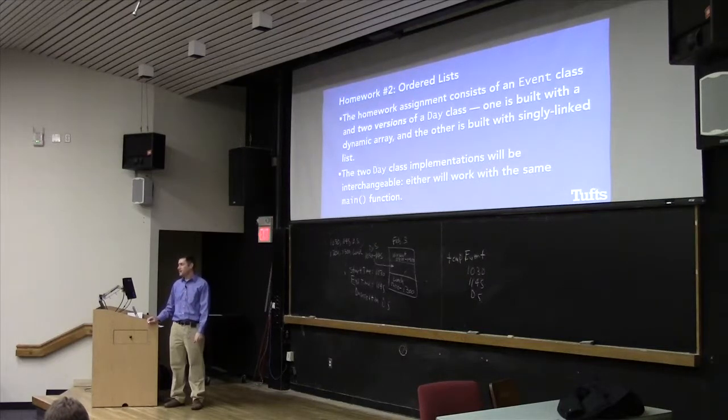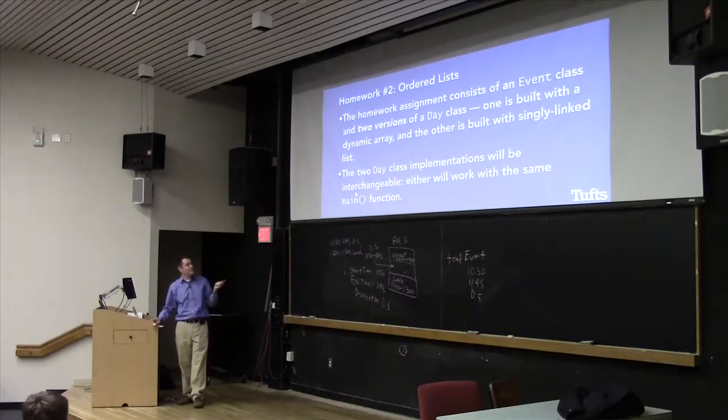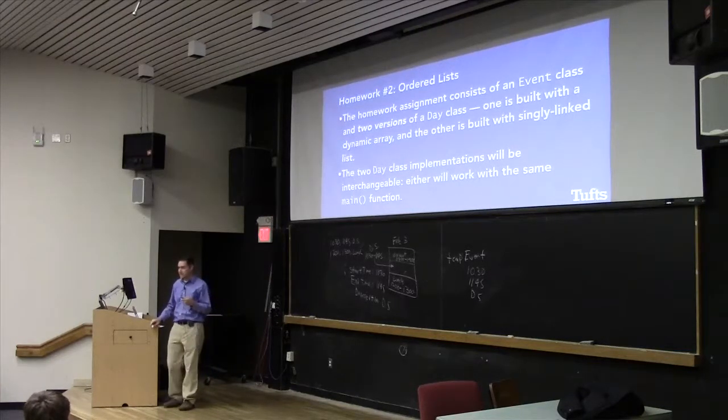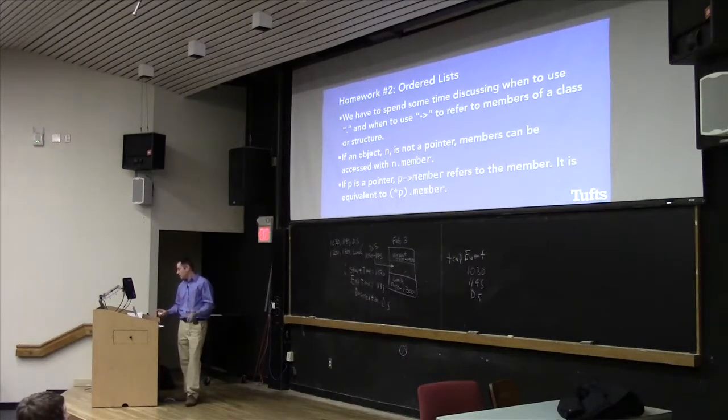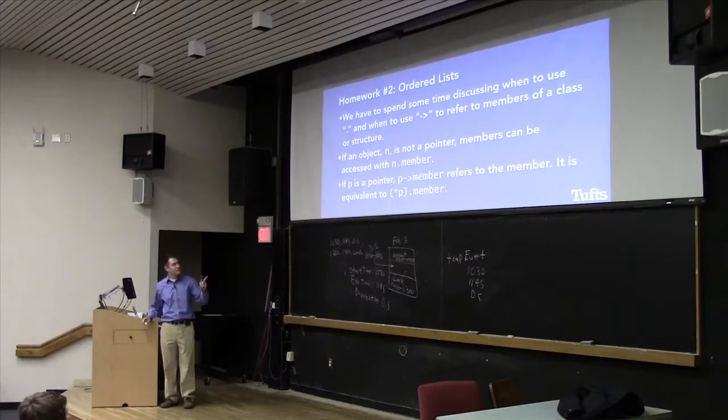Okay, in some sense, it's similar to how each one of you has the same main function for homework 1, and I could take your individual rectangle functions and place them in with our main function, and it should work. So it's kind of the same idea. But in this case, you're going to do two different implementations. Okay? All right. So a couple other things we're going to talk about on this.